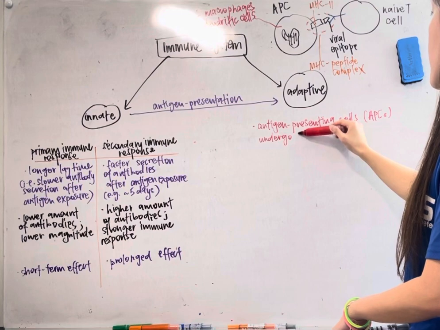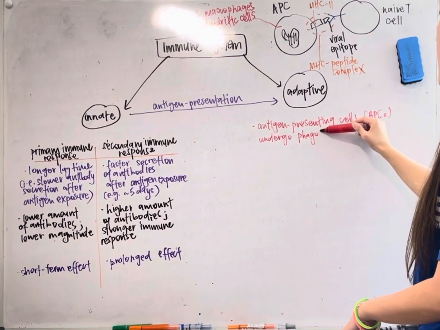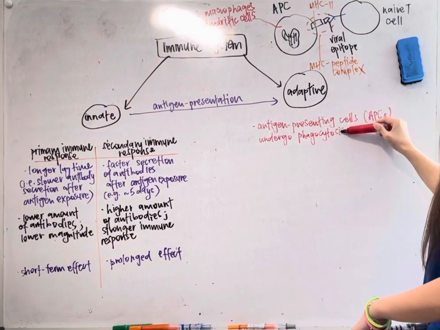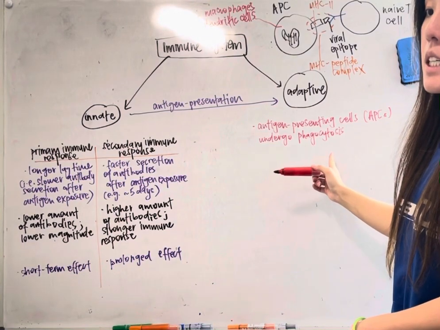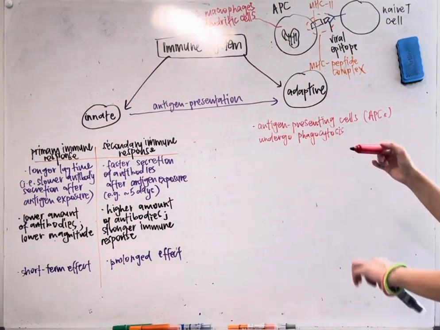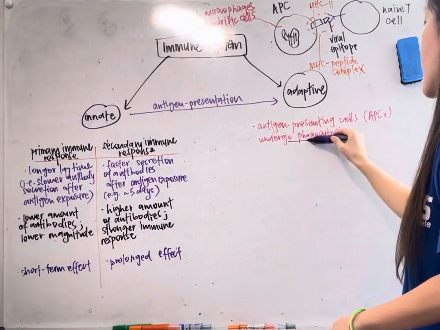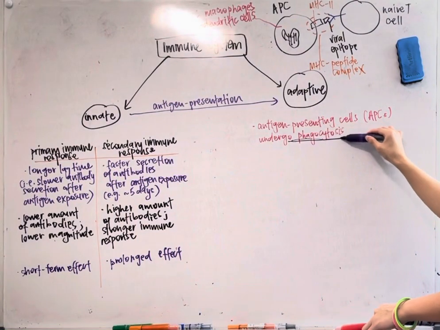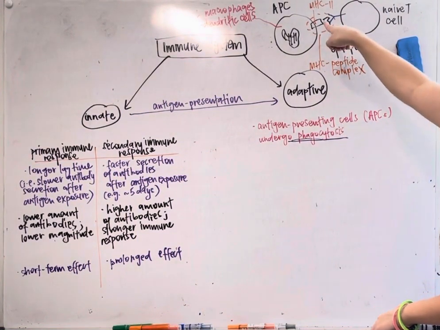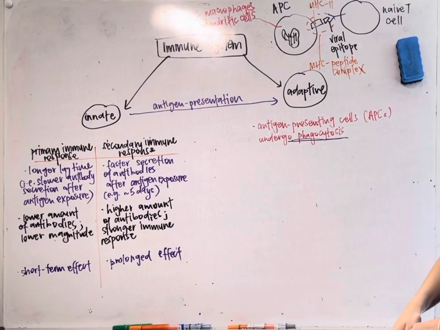I'm just going to underline the keyword. What's the next thing we always write? Phagocytosis and present. Keyword is always undergo phagocytosis, then what? Because you want to present this, so it's what?